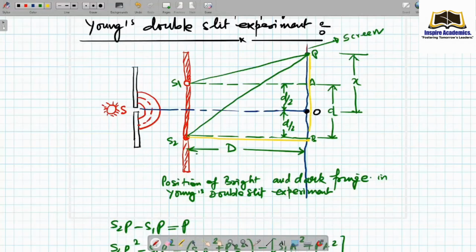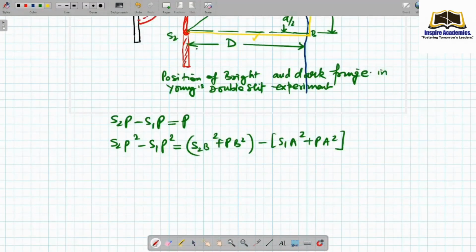So S2P निकालना हो तो मुझे क्या करना होगा? इसका स्क्वायर एंड इसका स्क्वायर करना होगा, राइट? So S2B square plus PB square would give me S2P square. So it is correctly written now, simply Pythagorean है. Similarly, minus S1P square would be S1A square plus PA square. Okay.